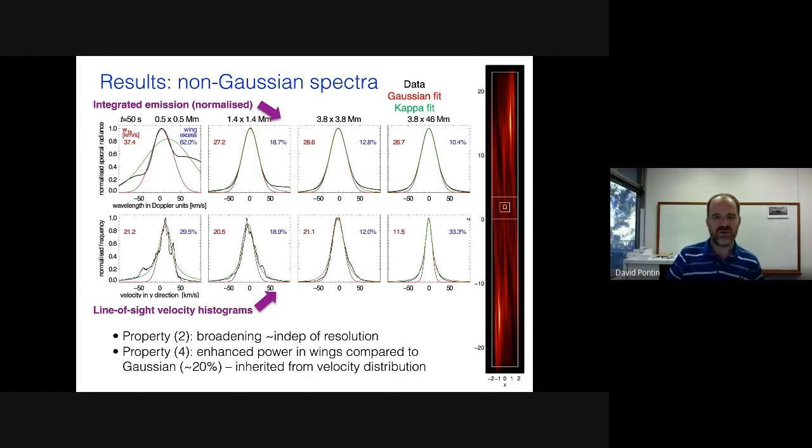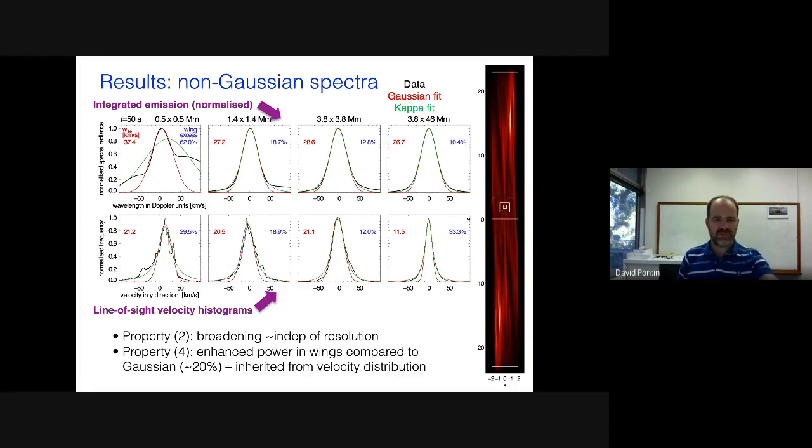And moreover, when we fit a Gaussian to the data, so the data is the black curve and the Gaussian is the red curve, we always see enhanced power in the wings in the data compared to the Gaussian fit. So it turns out that this is inherited directly from the velocity distribution, the velocities along the line of sight that are associated with that turbulent decay within the loop.